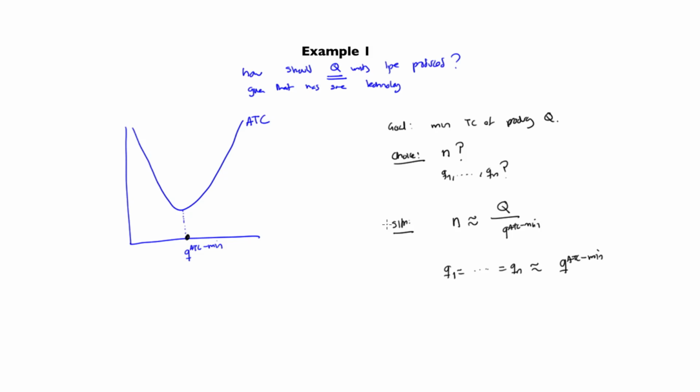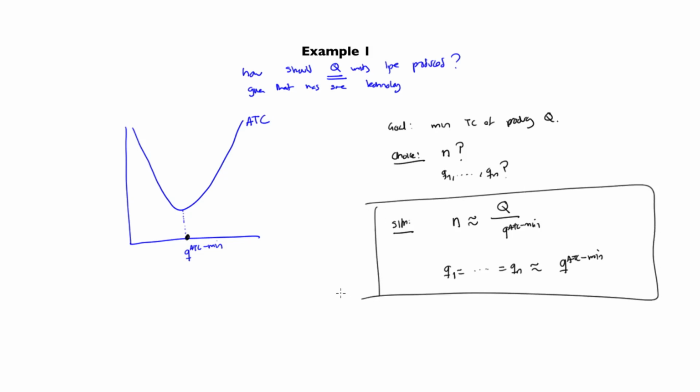This is an interesting insight because it's telling you that the number of firms that you're going to want to set up as Captain Kirk solving this problem is going to depend a lot on the scale of production in society, how much you need to produce, relative to the scale of the technology at which the minimum level of production is accomplished.